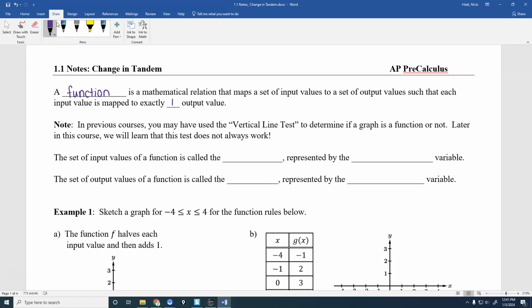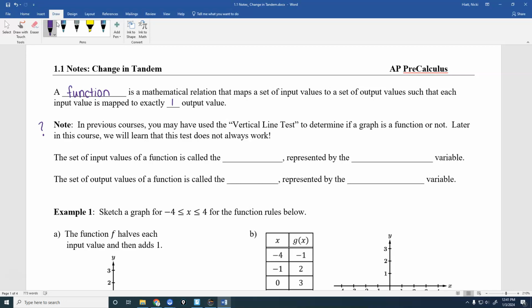Now, I left this here. I thought about taking it out, but I didn't. Below this, you see, in previous courses, you may have used the vertical line test to see if a graph is a function or not. That was where we took that vertical line and we went across, and if the graph hit twice anywhere, it was not a function. Later in this course, we will learn that this test does not always work. I Googled this, and I could not figure out when the vertical line test does not work.